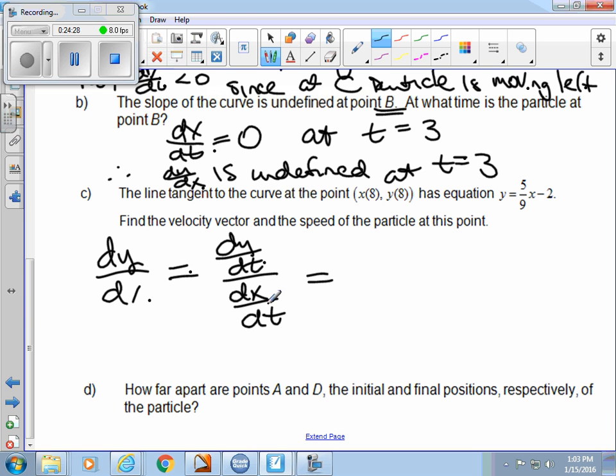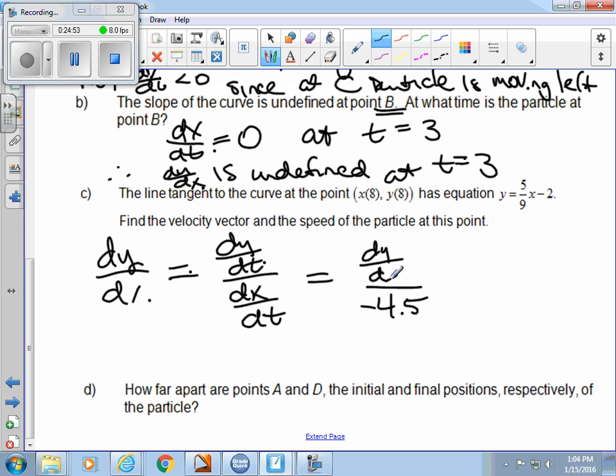At time 8, dx dt is, someone go find that for me really quick. It's in your y1. Actually, it's in my y1. So I want the y value at 8, yeah, negative 4.5. So this is negative 4.5.